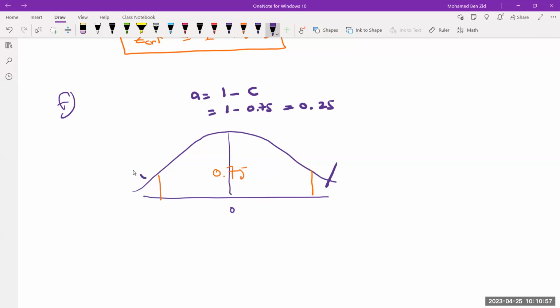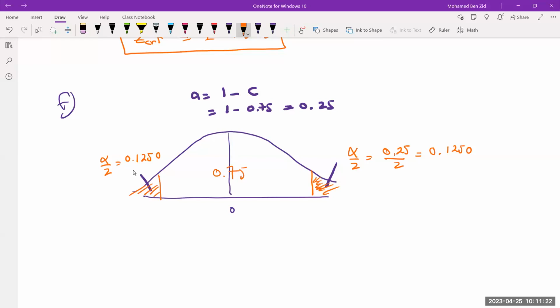So this is your alpha over 2. It can be 0.25 divided by 2, and this is going to be 0.125. And the same thing here, alpha over 2, it's going to be 0.125, all right?